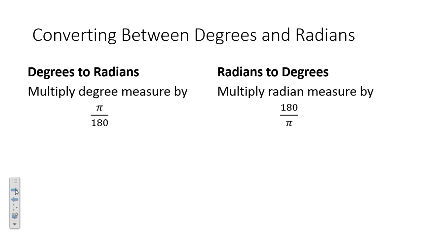On the bottom left of your foldable, converting between degrees and radians, you multiply the degree measure by pi over 180. And in the block that's next to it, radians to degrees, you multiply the radian measure by 180 over pi.